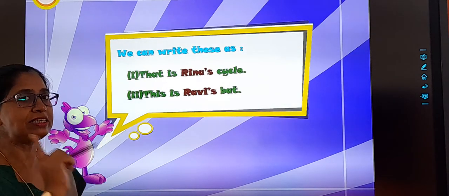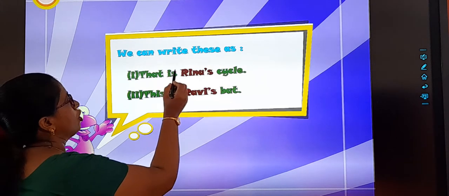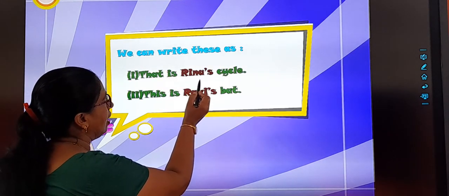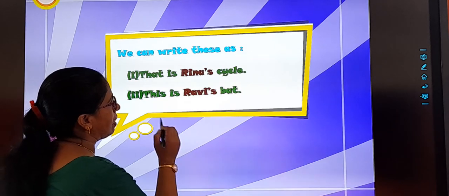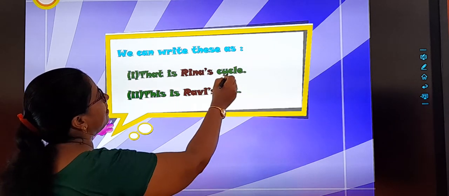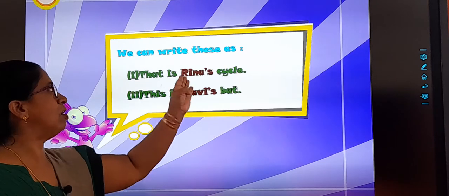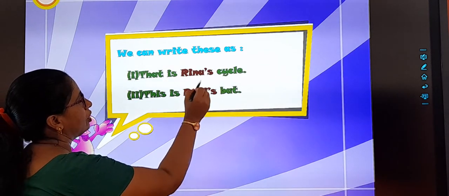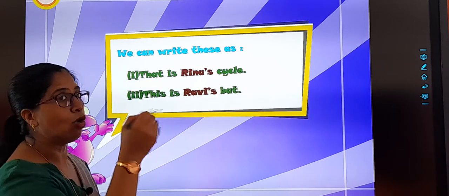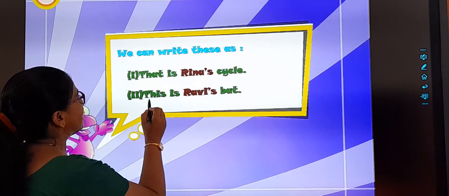When you write it in possessive noun form, you write the name Reena and after that put the apostrophe mark, and then write the name of the thing that belongs to that person. This is the apostrophe mark, like a comma, an inverted comma. Next one.